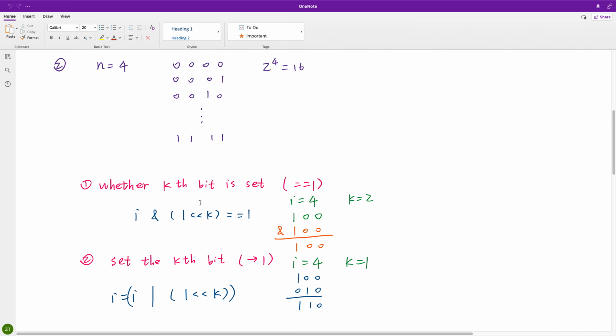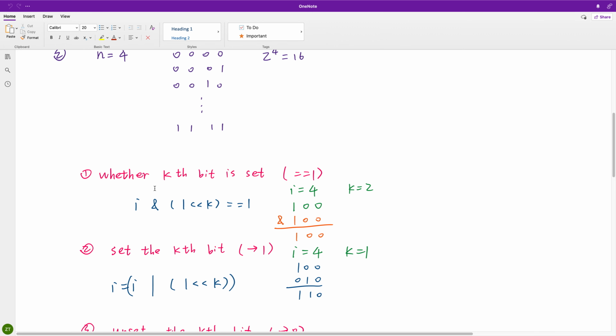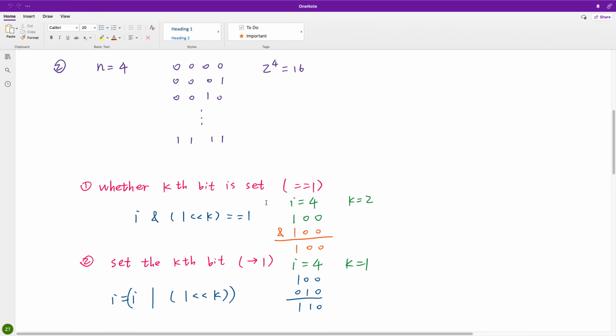Let's see some common operations. First is check whether the kth bit is set. As I said before, set means it is equal to 1. So how can we get the kth bit? If we want to check whether the kth bit is set, then we just need to AND with 1 left shift k bits.